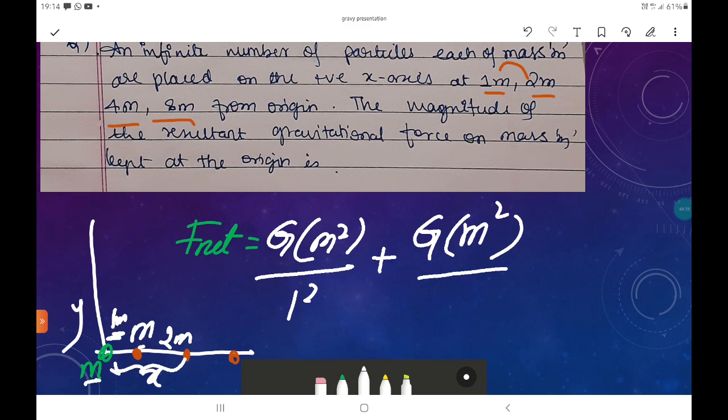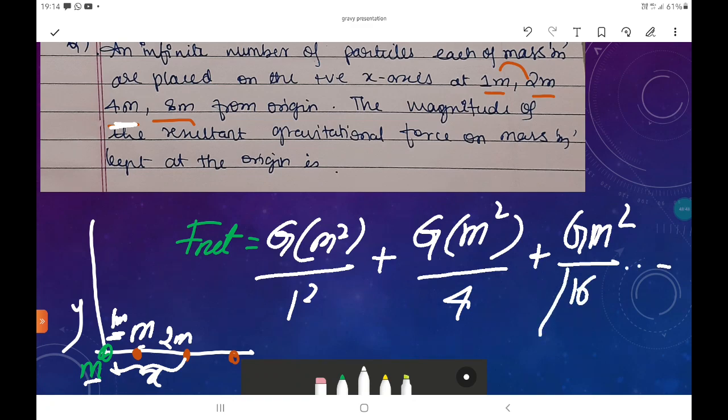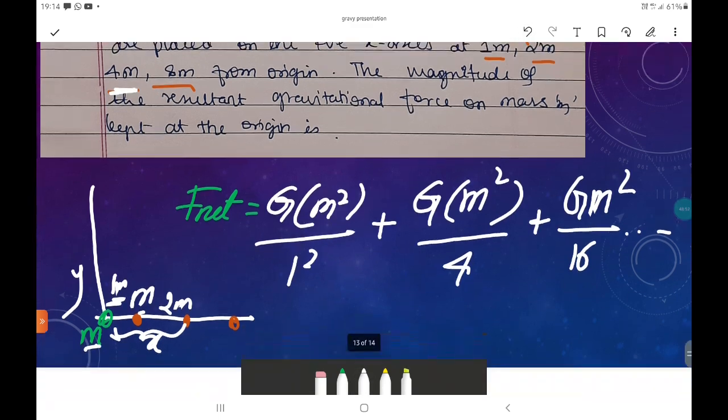So square of 2 is 4, plus Gm square by 4 meters, 4 into 4, 16. So like that it keeps on going. So what you will do now? You just need to add this.